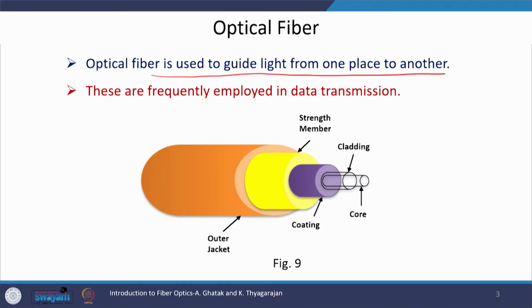This is the most important use of a waveguide. In particular, an optical fiber is made up of a very thin core, and covering the core there is another layer which we call cladding. On the cladding there are several other coatings, which we call the strength membrane and outer jacket. But majorly it consists of a core and, covering the core, a cladding.